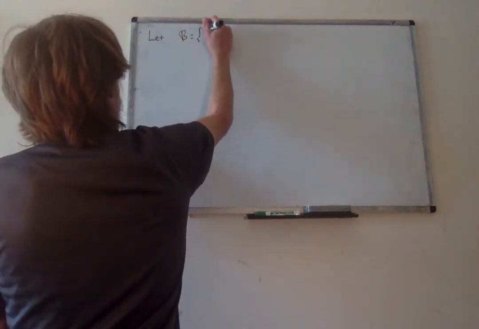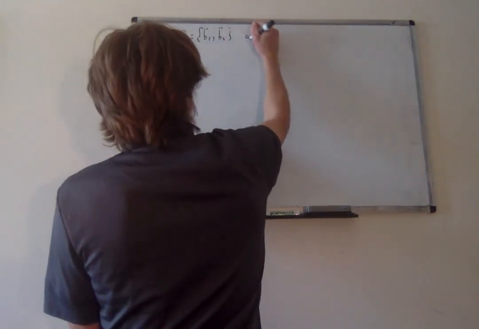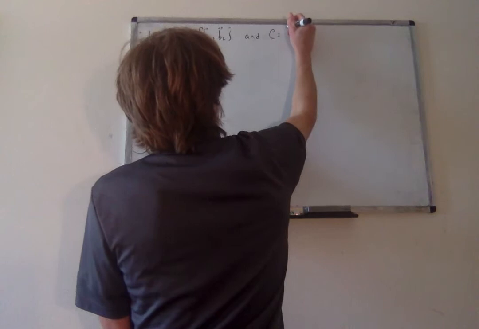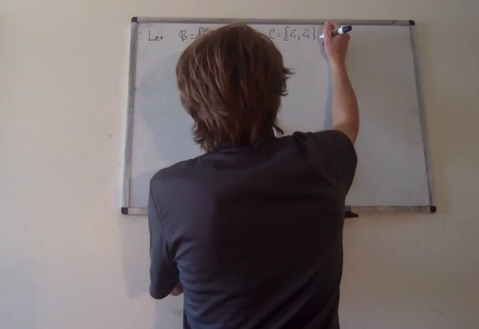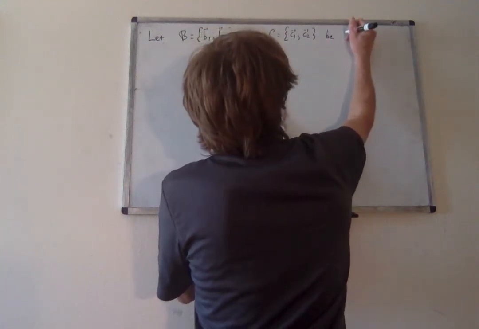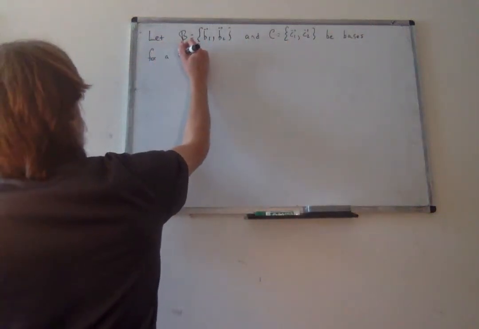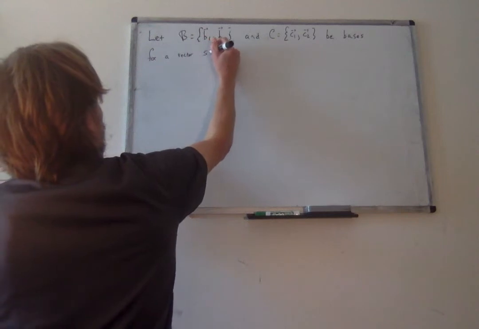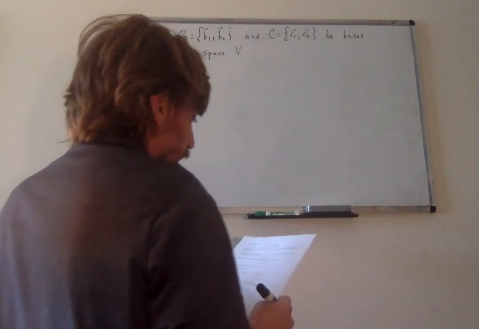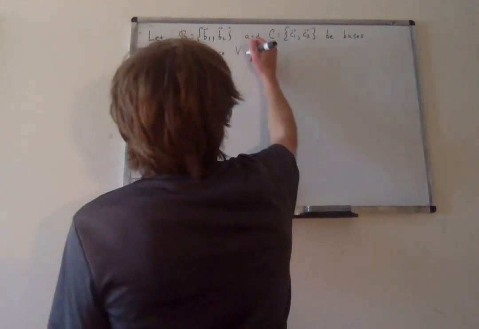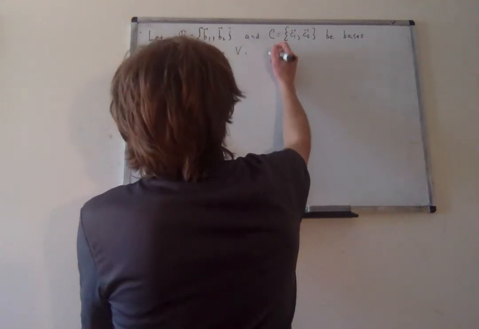So we're going to let B be the basis B1, B2, and C will be the basis C1, C2, bases for a vector space V. What's cool about this is that we can think of this like R2, but from what we've learned so far, we know we can be talking about any vector space V of dimension 2. And we're not even going to ever learn exactly what these vectors are.